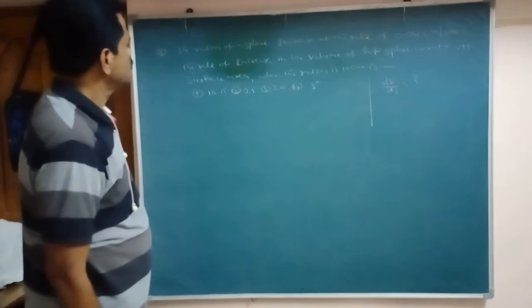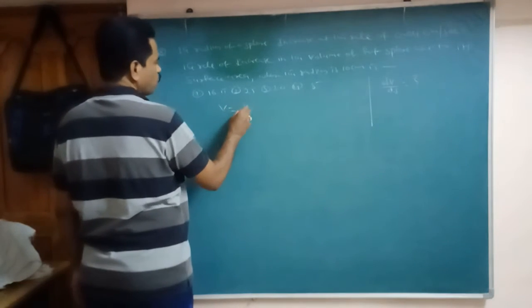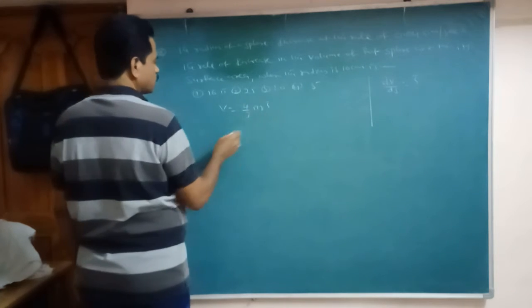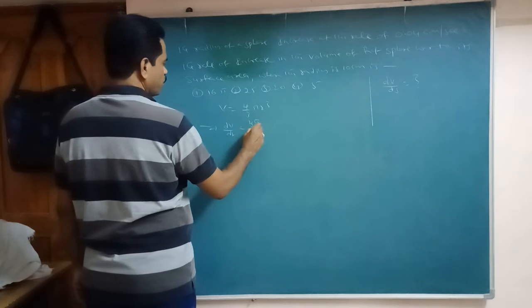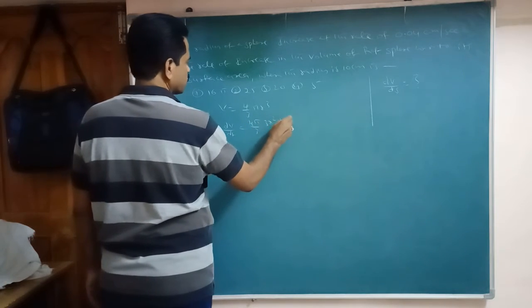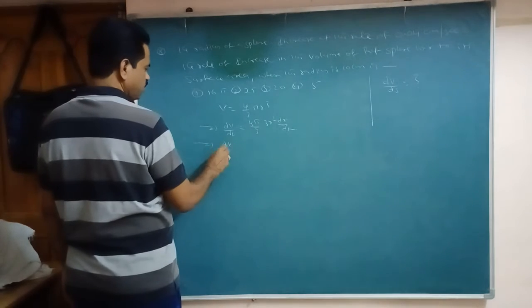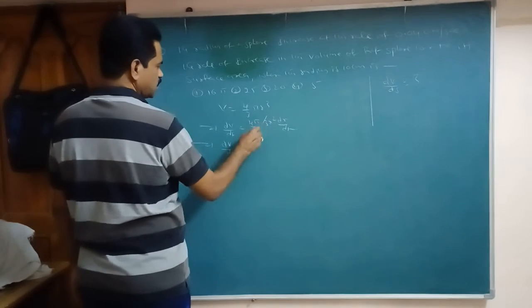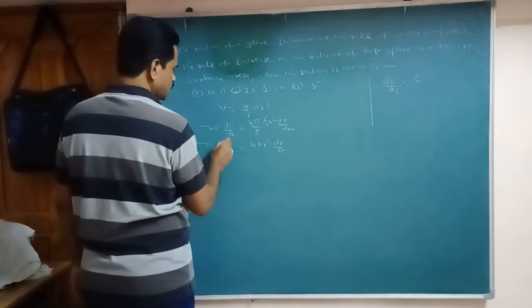The volume of the sphere is V equals 4 by 3 pi r cube. So dV by dt equals 4 pi by 3 into 3 r square dr by dt. The 3 cancels, so dV by dt equals 4 pi r square dr by dt.